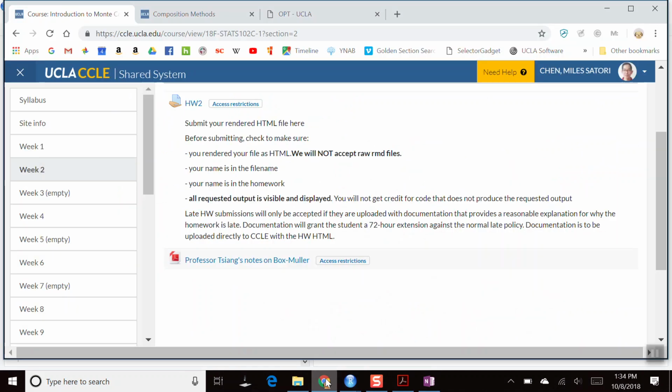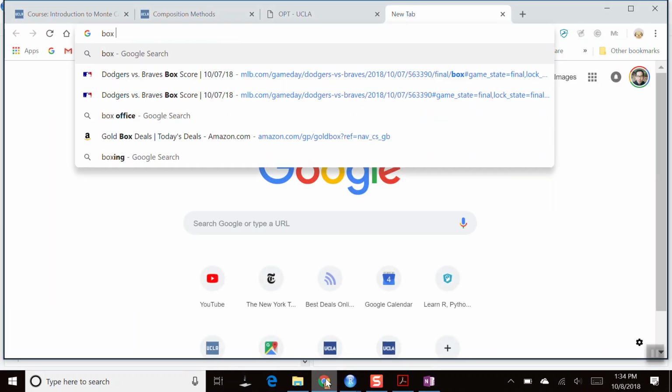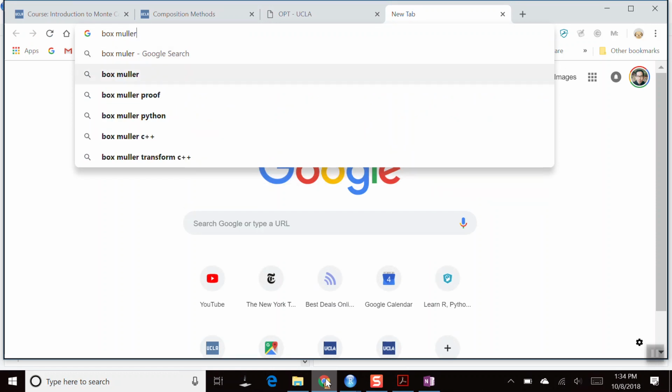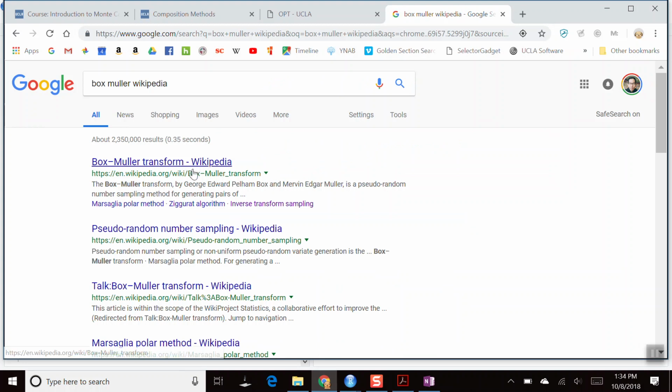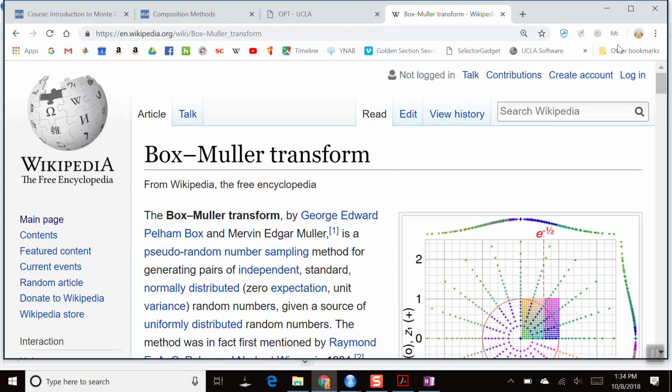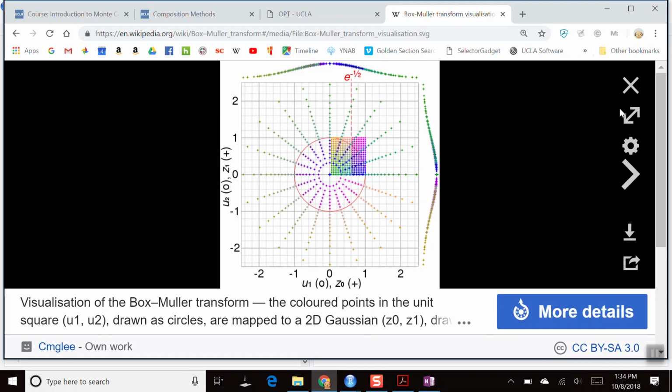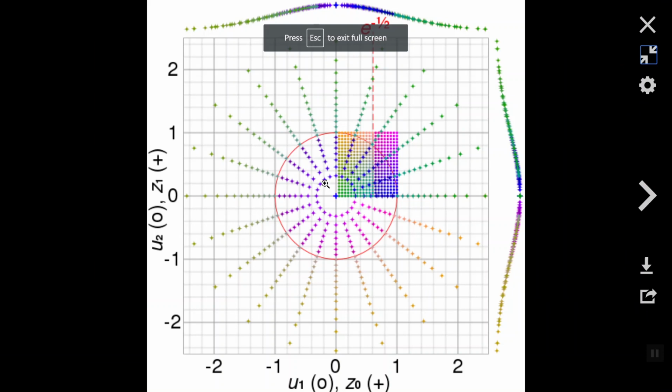I think Wikipedia actually has a nice picture. Box-Muller, Wikipedia. Let's see. Look at this. Okay, and again, I don't know if this is any better, but it's kind of the idea that every angle is equally likely, and then within each thing.